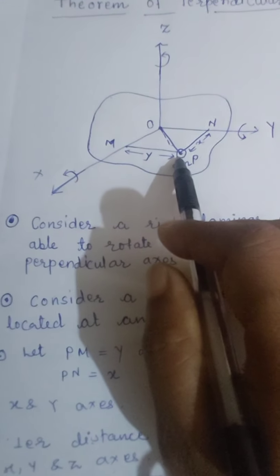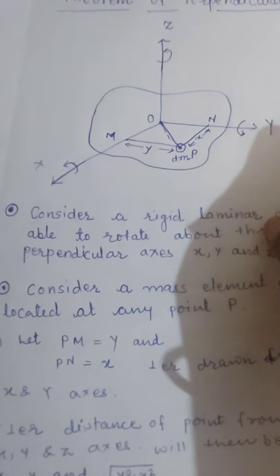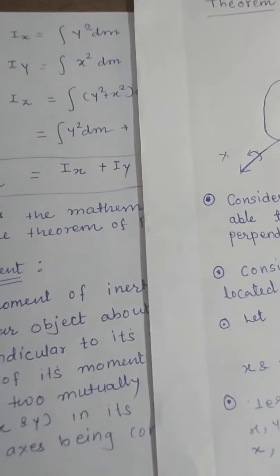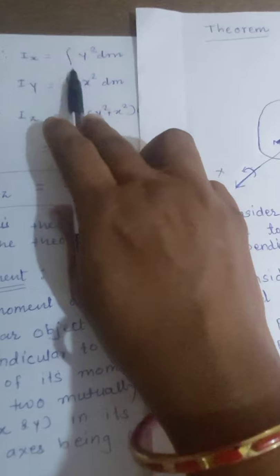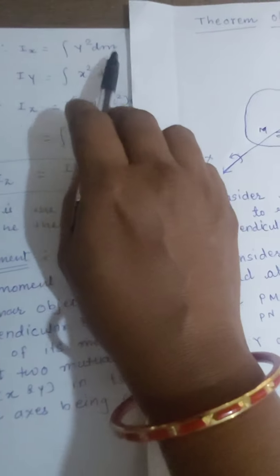So you can write it is equal to integration y square dm, that is m r square. Here m is dm and r square is your y square. So it comes y square dm.